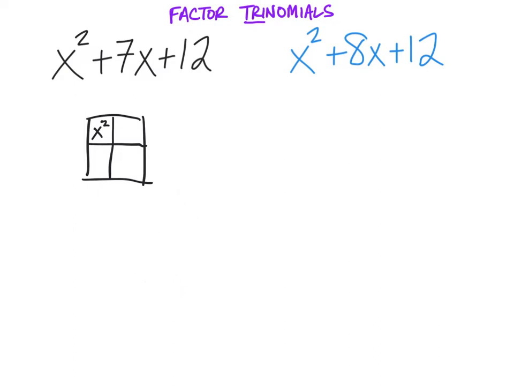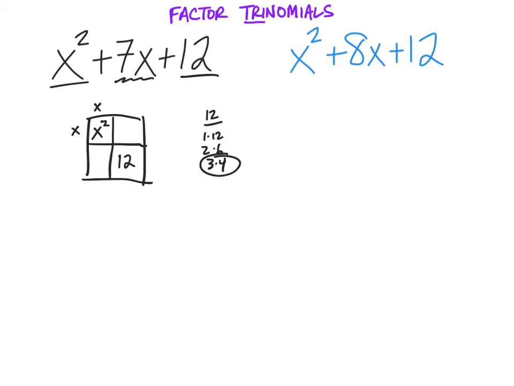So now that I've explained that, we're going to go ahead and put that 12 in the bottom corner. Let's take a look at those factors of 12 again. 1 times 12, 2 times 6, 3 times 4. We already got our x squared, and we know that that is x times x. But there's lots of options for 12. So I've written down all my options for 12, but which of them are going to combine to get 7x?